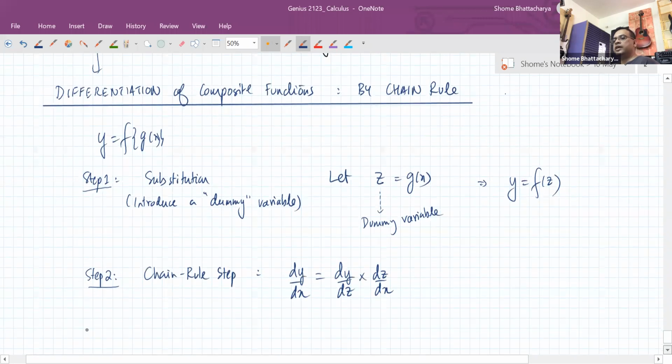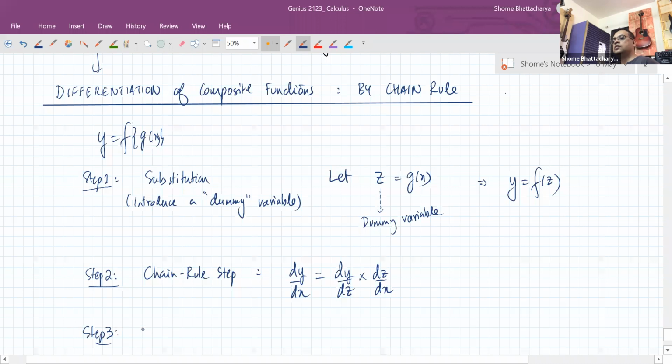Okay, and the final step is the re-substitution. In the chain rule, we substitute this over here, and z was g of x.